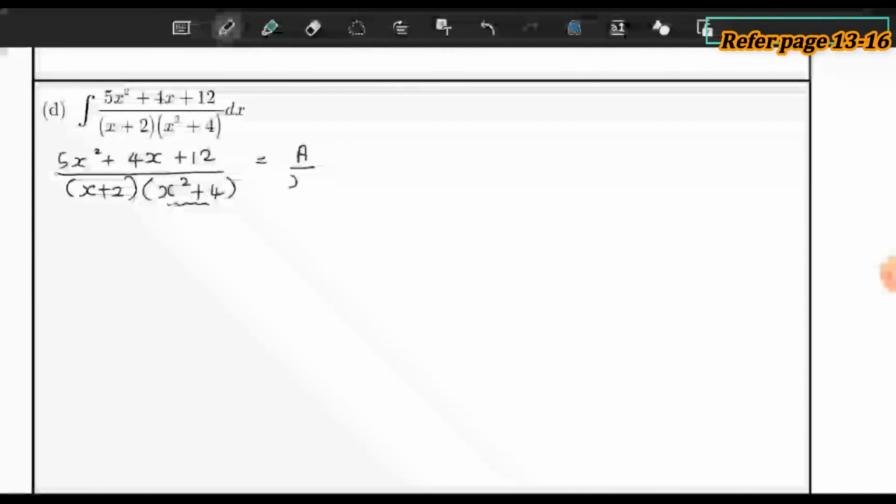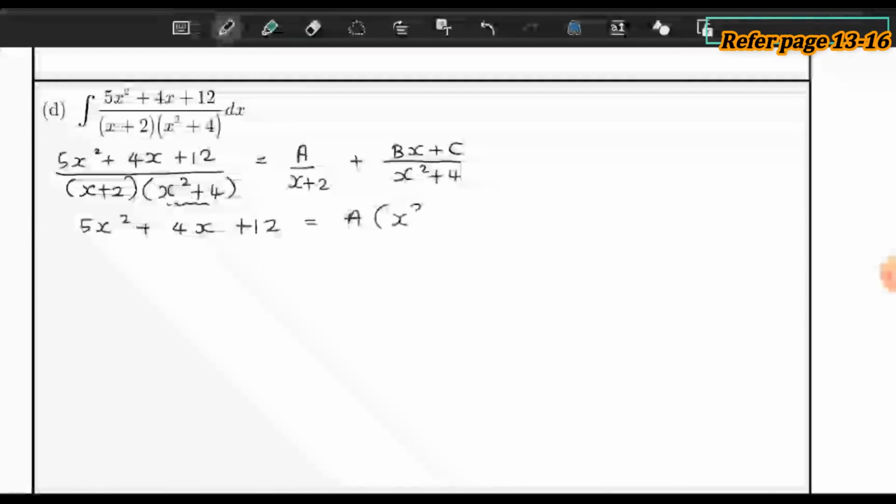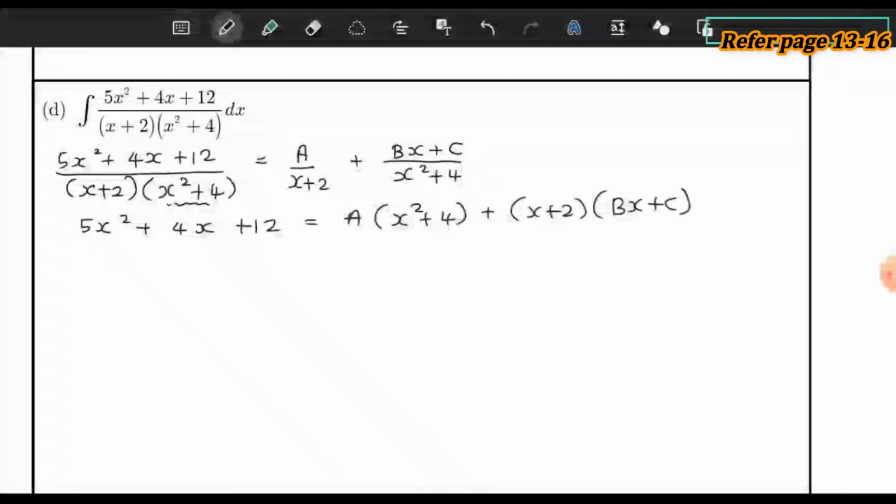So we have a over x plus 2 plus bx plus c over x squared plus 4. By equating the denominator, we have 5x squared plus 4x plus 12 equals a times x squared plus 4, plus x plus 2 times bx plus c.